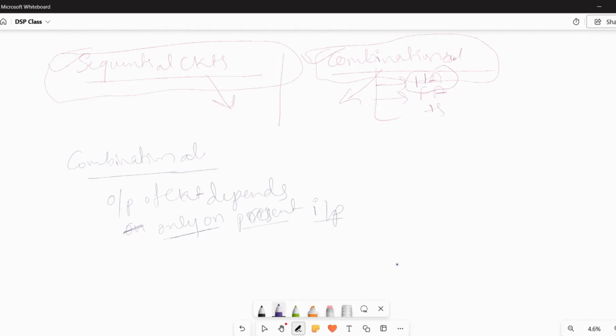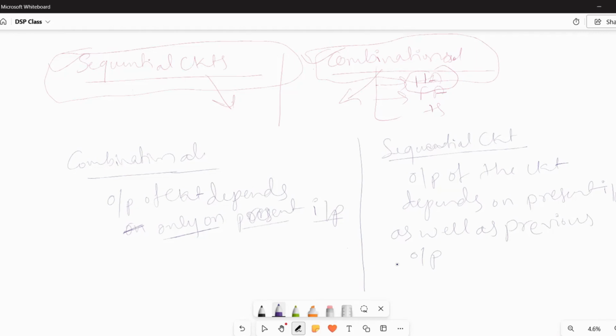In sequential circuits, the output of the circuit depends on the present input as well as the previous or past output.